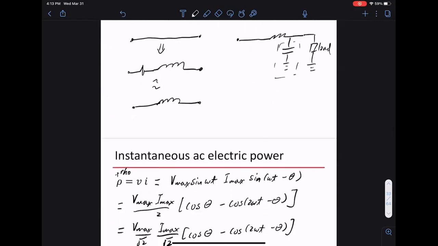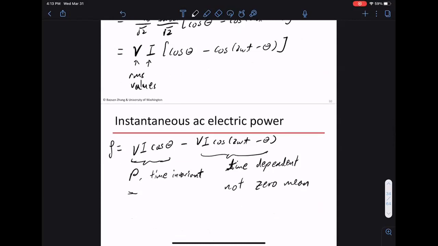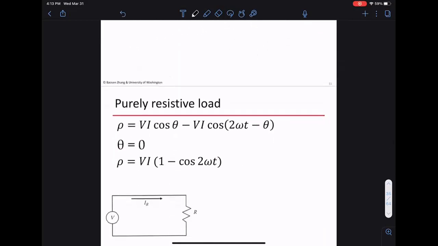We don't want to talk about frequency, omega or t, when we talk about power, because we want to do everything from the complex number domain. So let's try to relate these numbers to the phasors that we have, case by case.